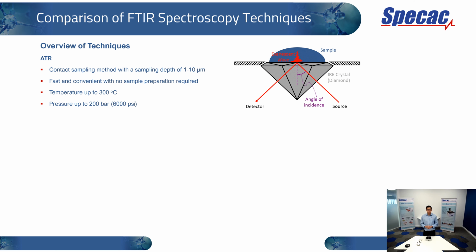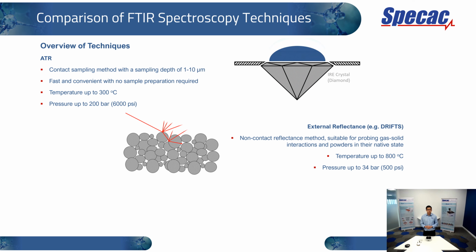The next technique that you could use is an external reflectance technique. So in this particular case, we're using DRIFTS as an example, where the light scattered off the sample after penetrating into the sample, and the IR beam bouncing back into the detector is picking up the diffused components of your sample rather than specular components.